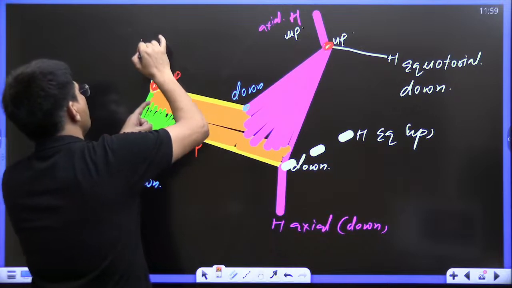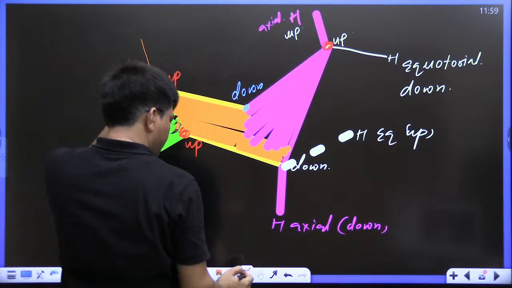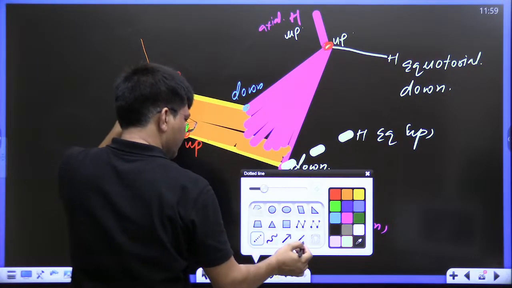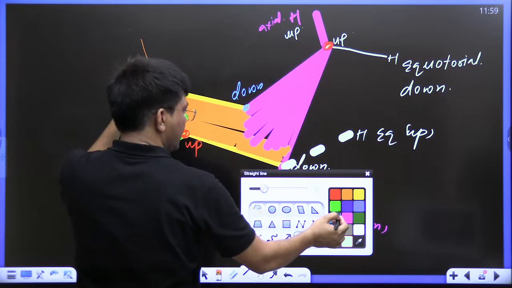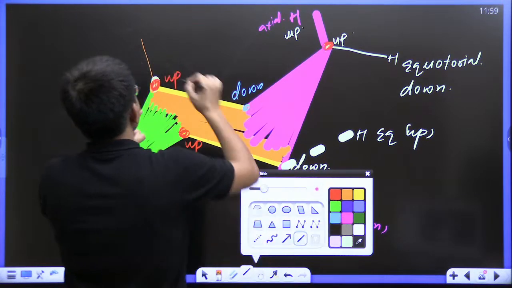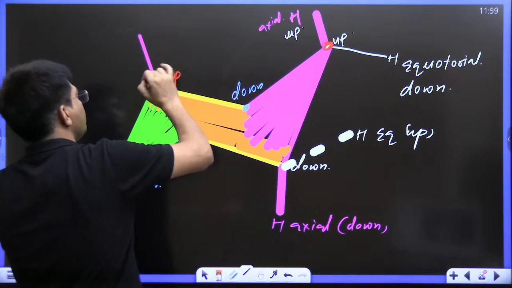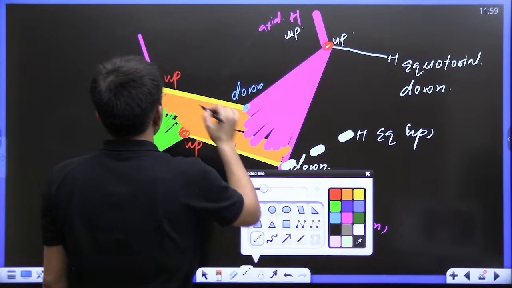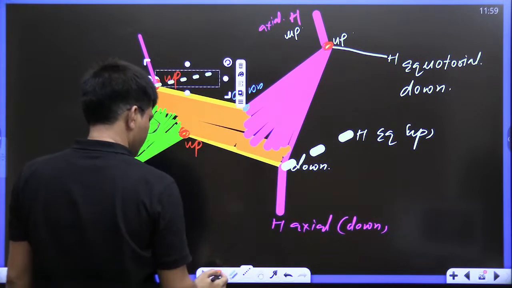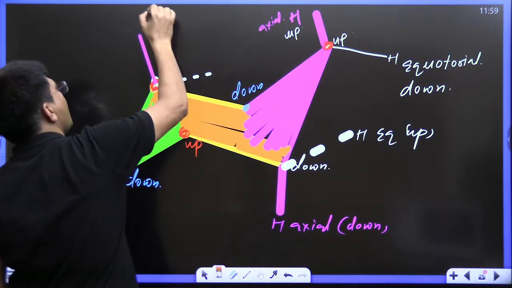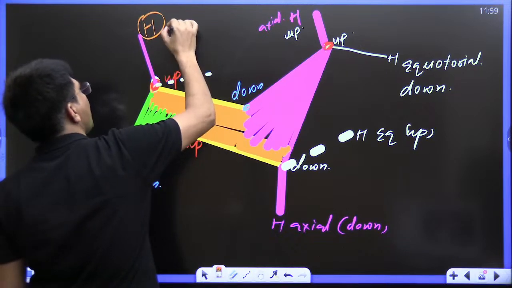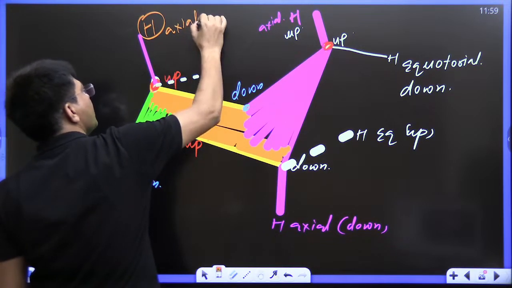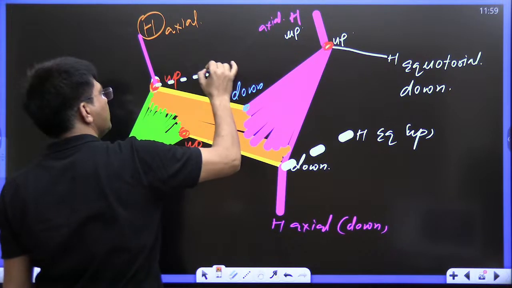This is going up, so its axial must be going up, and this is going up, its axial must be going up, kids. The axial is going up, and the equatorial must be going down. So this hydrogen is going up, being axial, and this is equatorial going down.